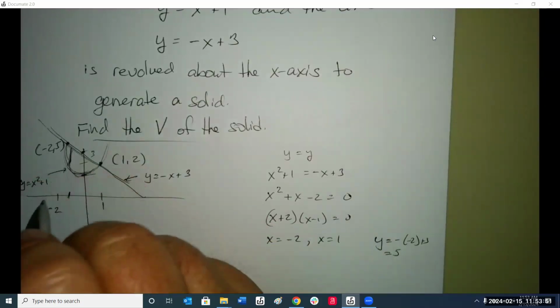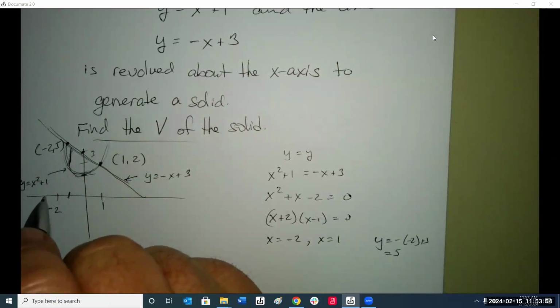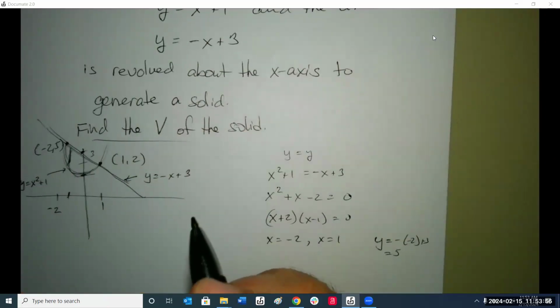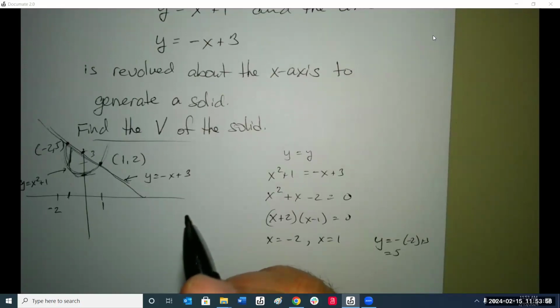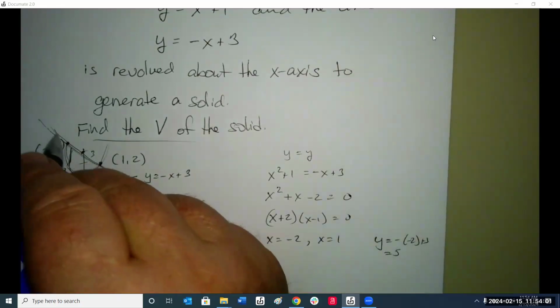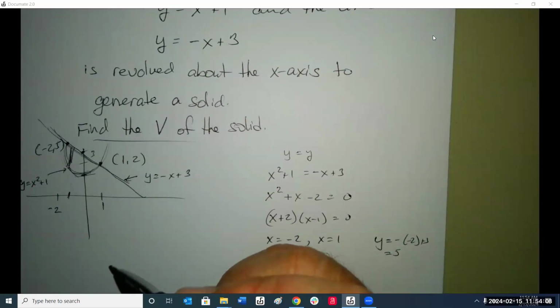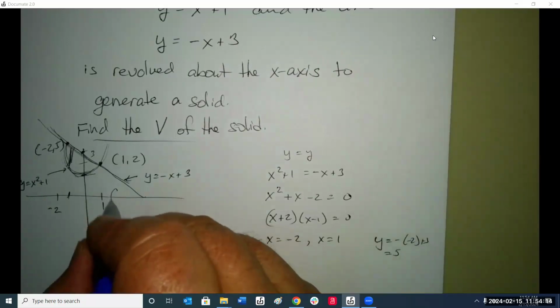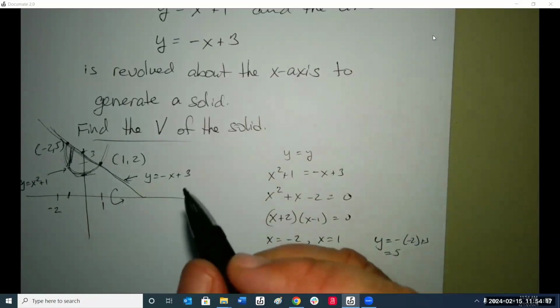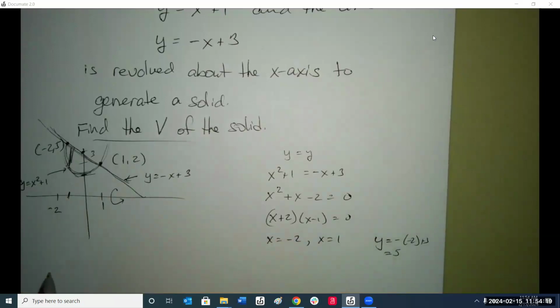So the distance between those two, that's the highest point. So whatever x we start off with, that's the distance. We have to rotate it about the x-axis, so down here we'll have the same looking thing.